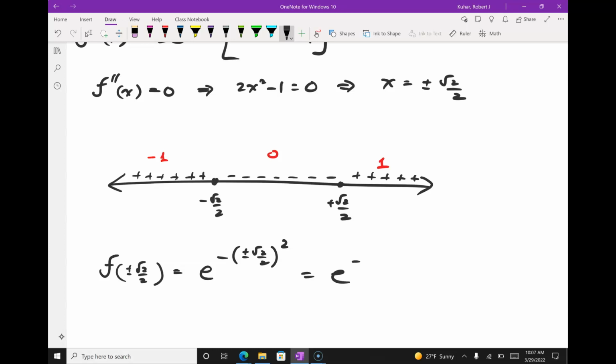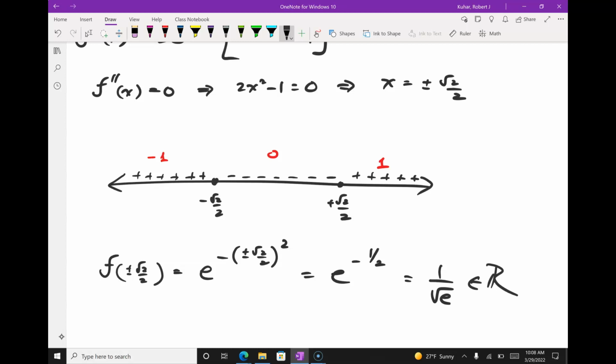That's e to the minus 1/2. That's 1 over the square root of e. And that's a real number, right? That's what I needed to happen. I need my second derivative to change signs from positive to negative or negative to positive, right? Ryan, did I make a mistake?